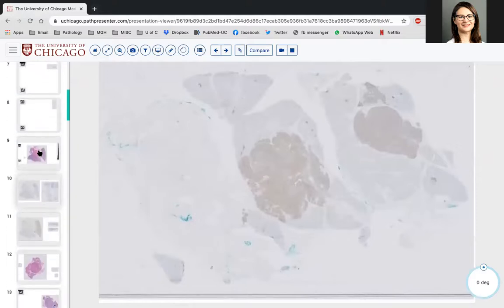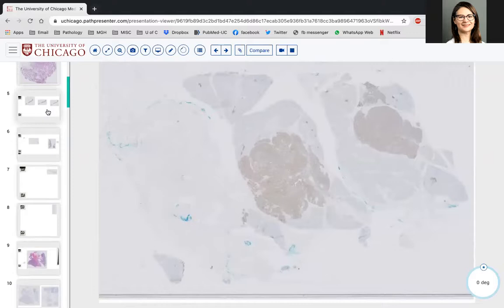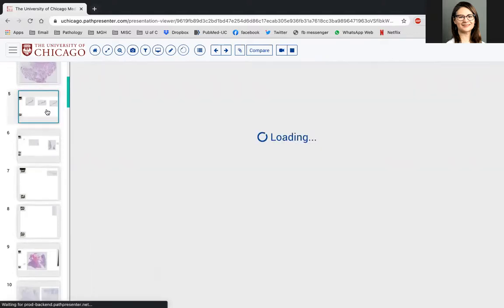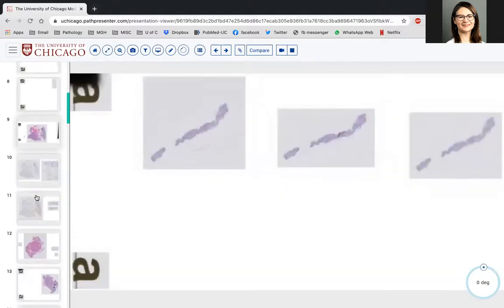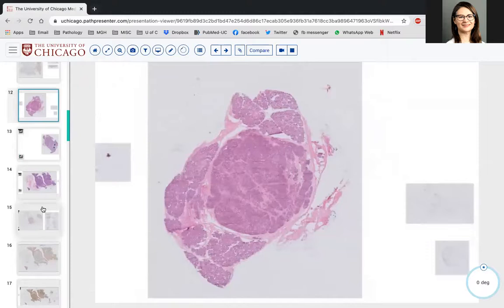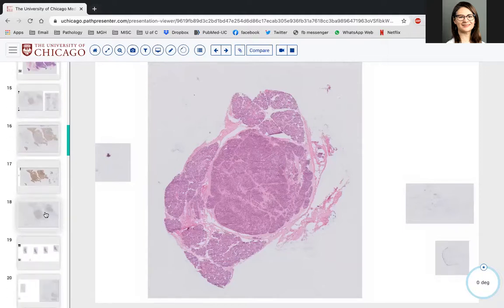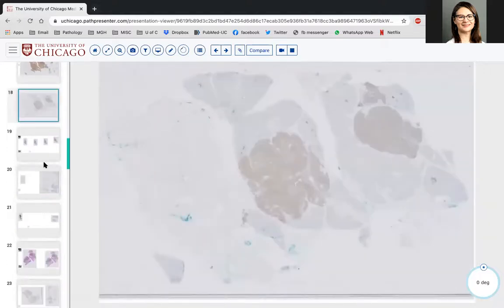Both the case above and this case had some diagnostic challenges where either the core or the frozen were considered to be something that it ended up not actually being. So don't ever feel bad if you stick your neck out and you get an incorrect diagnosis, because it does happen.